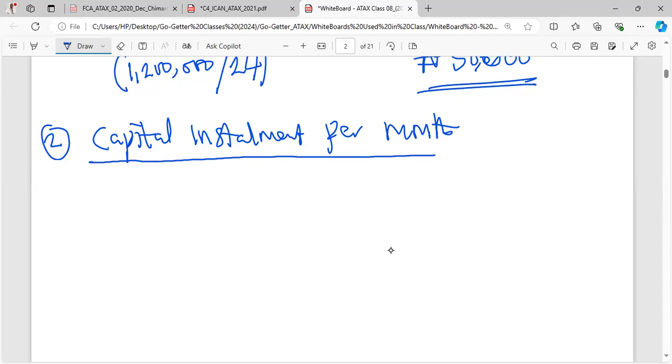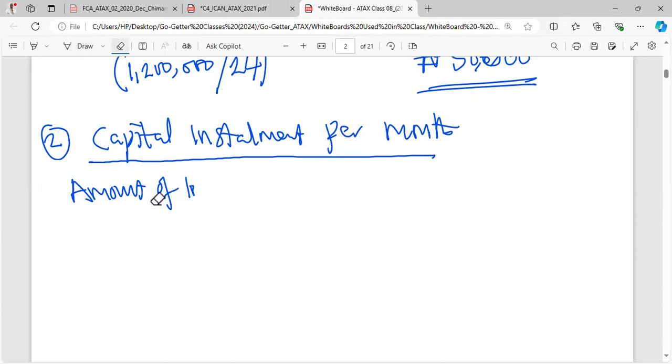Capital installments per month. All right, so amount paid per installment.